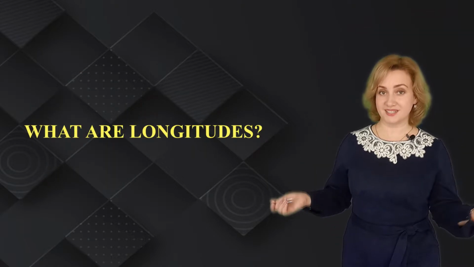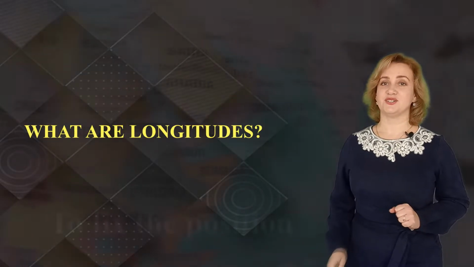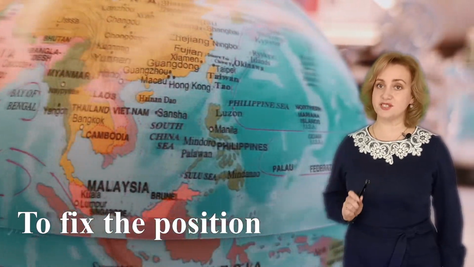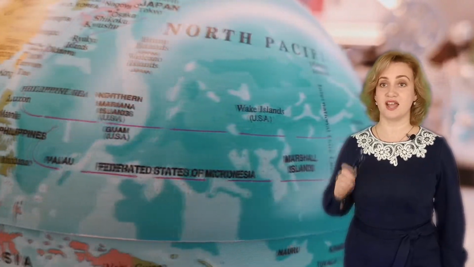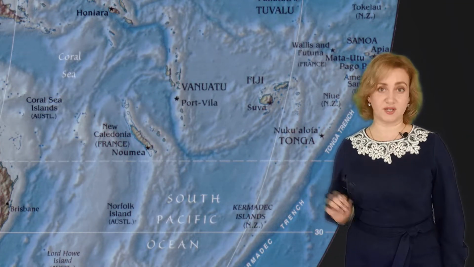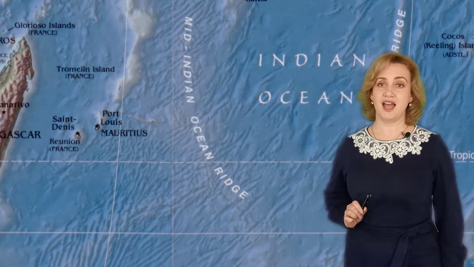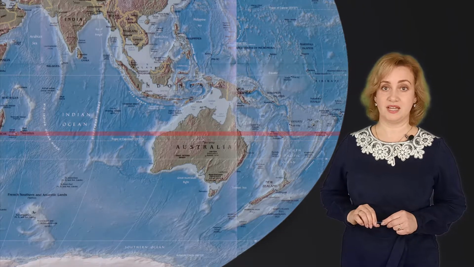What are longitudes? To fix the position of a place, it is necessary to know something more than the latitude of that place. You can see, for example, that Tonga Islands in the Pacific Ocean and Mauritius Islands in the Indian Ocean are situated on the same latitude.